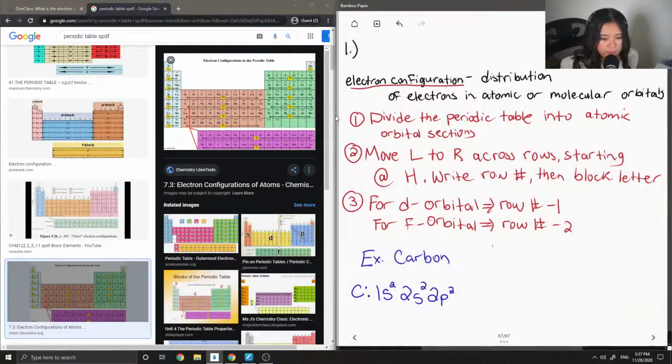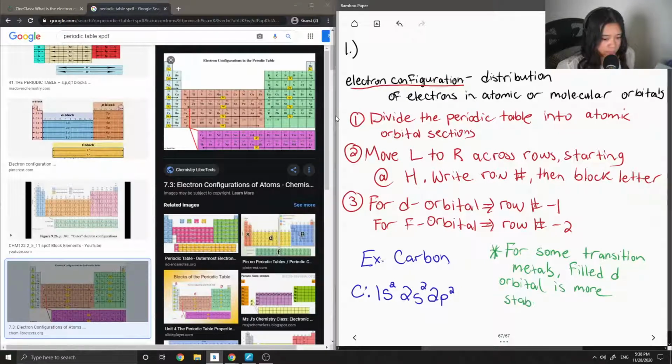I'll also write a note that for some transition metals, a filled d orbital is more stable than when you have a partially filled one.